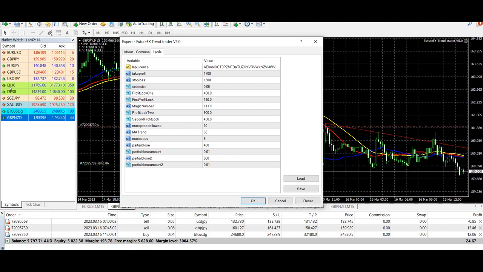But let's have a look at DJ30. That's just how this broker defines the US 30. The spread is 350. So you need to make it a little bit larger than that. You need to work out the maximum spread that, in this case, US 30 has during the day.